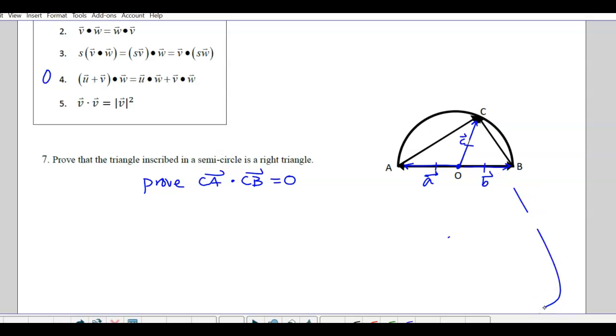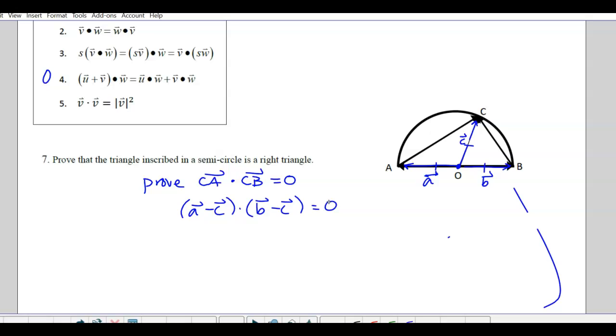So CA in terms of these other vectors, so that would be a minus c. CB would be b minus c, in terms of those definitions that I've labeled.